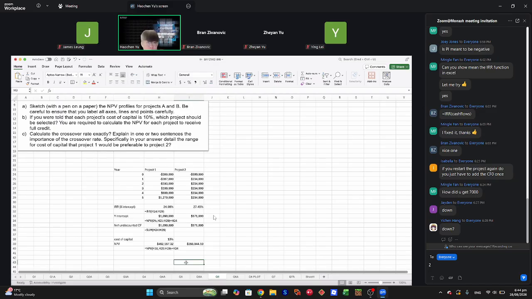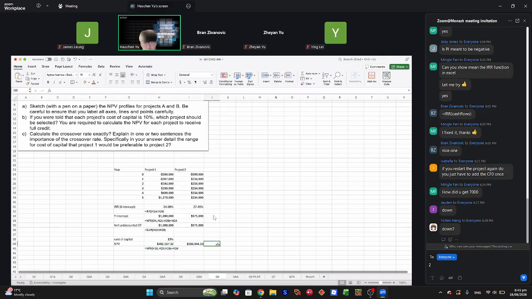And now we got the NPV, which means we can make the conclusion. You got two projects and they are mutually exclusive, and you calculate NPV. So based on NPV, which project should we choose? Project 1 or project 2? Based on NPV here, which one are we going to choose?